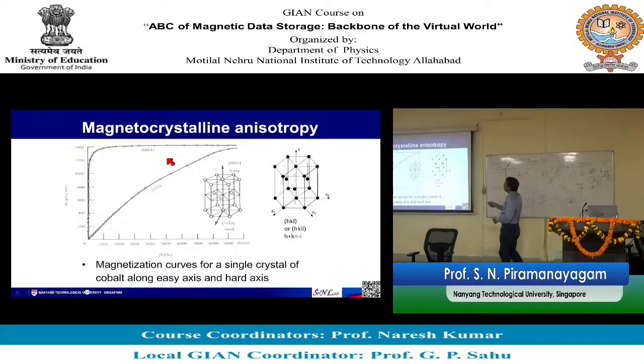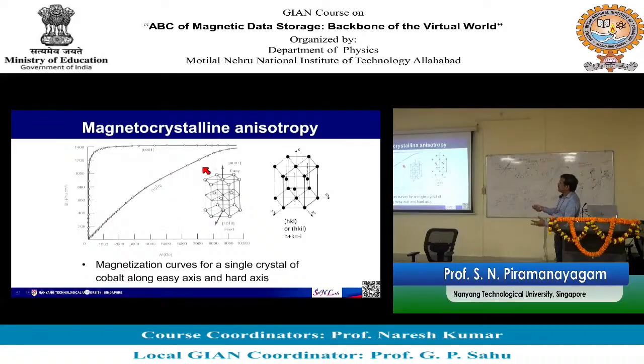That is the easy direction, and any direction other than the C axis is a hard direction. So these planes are hard directions. You cannot make the magnetization parallel to the planes. The easy direction is always pointing up, with magnetization either pointing up or pointing down.